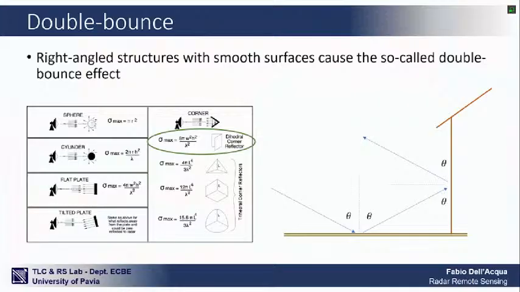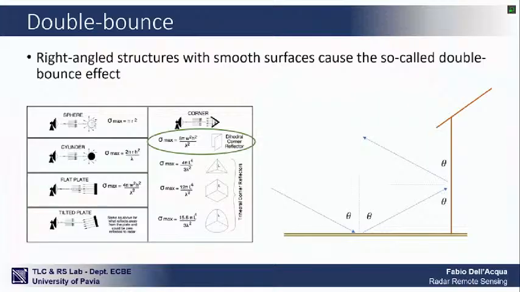In general, it happens, but this type of structure, which is called trihedral, is extremely more effective, because with this structure, it doesn't depend anymore on the direction. And wherever you may be illuminating it from, you will get a strong backscatter.